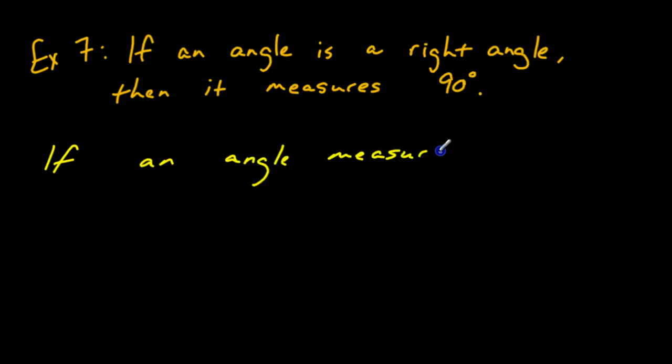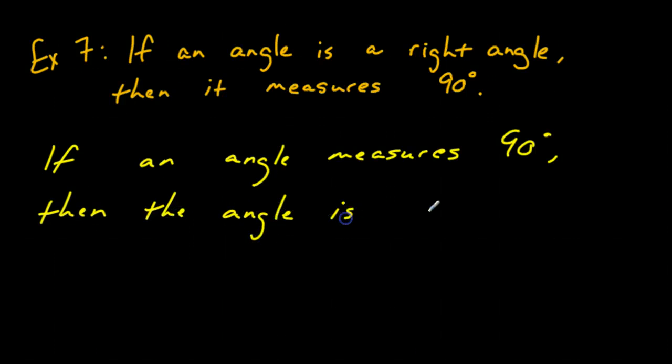If an angle measures 90 degrees, so we followed the then, right? Now we have to switch the order. Then the angle is a right angle. So we're kind of flipping that whole logic there. Again, all we did was flip the order of what is actually written.